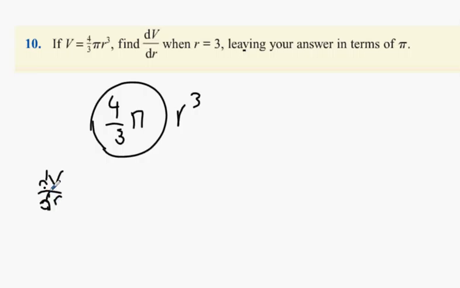Put in r equals 3. 4 pi times 3 squared, 36 pi. Okay, so we're done with 8.2.